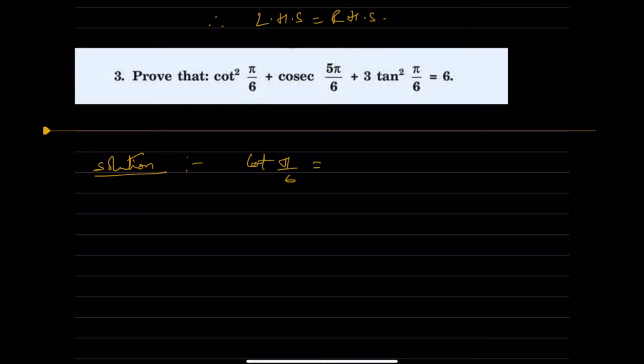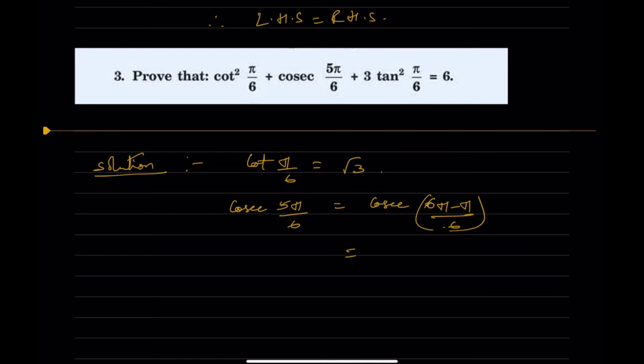So cot pi by 6 is nothing but cot of 30, which is equal to root 3. Then you're having cosecant 5 pi by 6 can be written as cosecant of 6 pi minus pi by 6. So here this can be equal to cosecant of pi minus pi by 6.